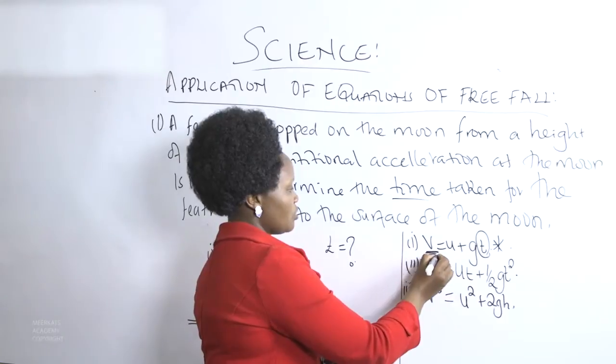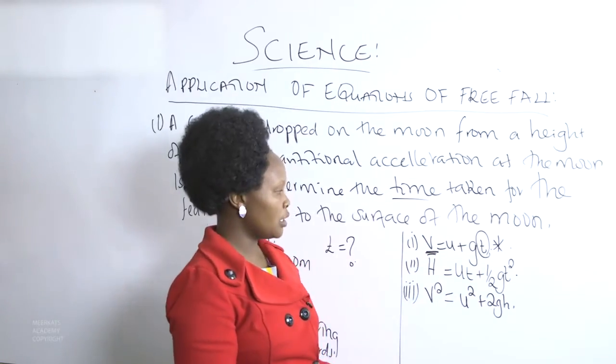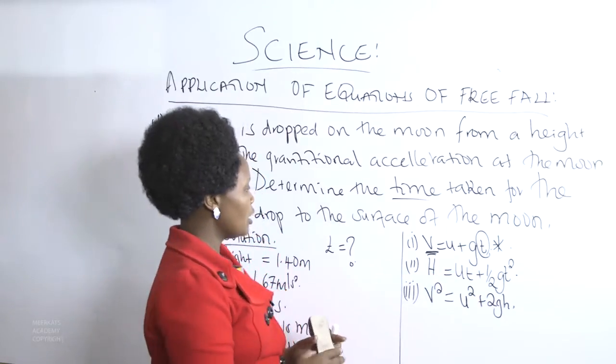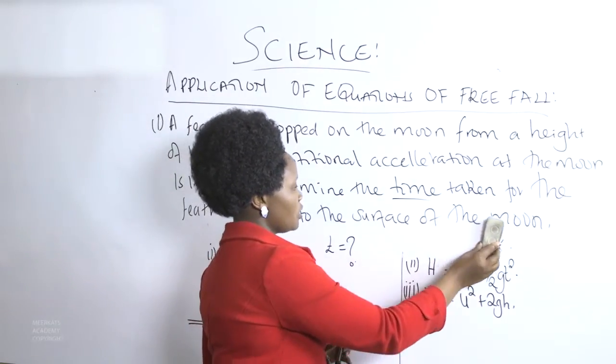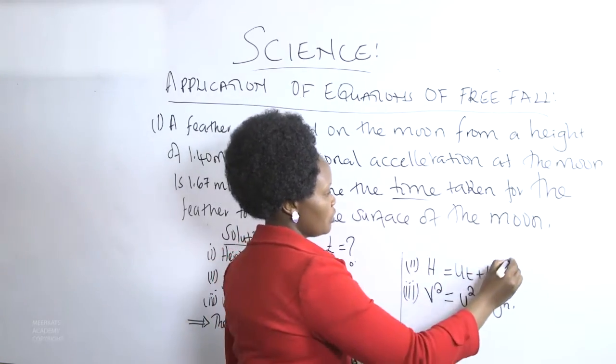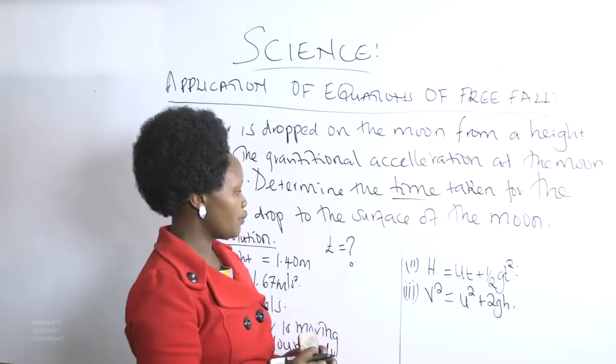The question does not give us v. Therefore, the equation has two unknowns, and that rules equation 1 out.